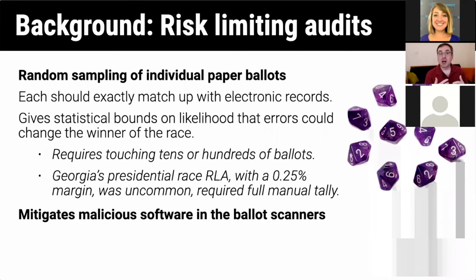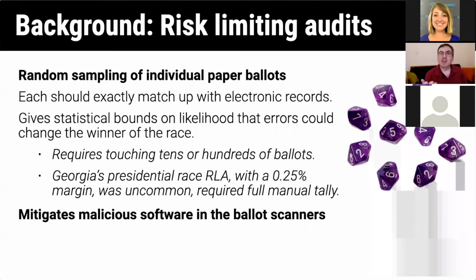That error could come from any of a variety of reasons, whether malicious or benign, but you want to make sure that the paper ballots and the electronic ballots match up, and what you're trying to prove is that if there is any error, the error is bounded or the risk is limited below what, with a certain confidence interval, would cause the election to change winner.